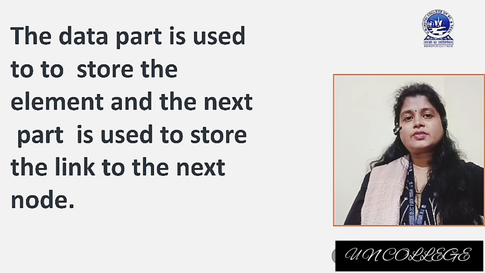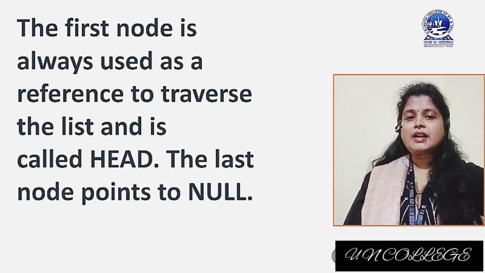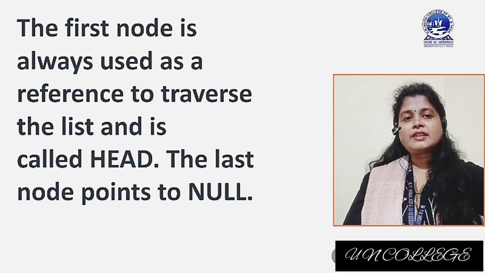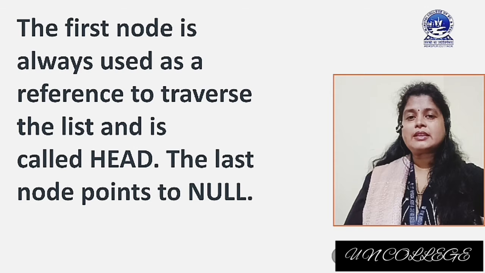The data part is used to store the element and the next part is used to store the address of the next node. The first node is always used as a reference to traverse the list and it is called the head. The last node always points to null. Actually, in the linked list the first node is very essential because whatever operation you start, in the case of a single linked list, you will start from the first node, which is generally called the head, and one pointer is used to store the address of the first node.